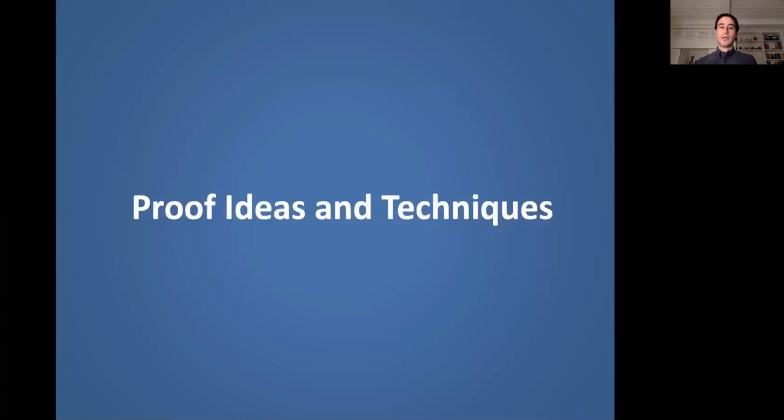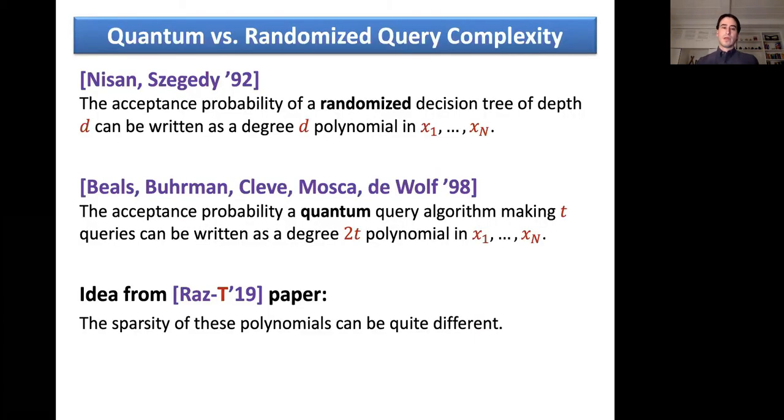I want to talk briefly about proof ideas and techniques. These two seminal results of Nisan, Szegedy on one hand and Beals, Buhrman, Cleve, Mosca, and de Wolf on the other show a connection between randomized query complexity and low-degree polynomials on one hand and quantum query complexity and low-degree polynomials on the other.